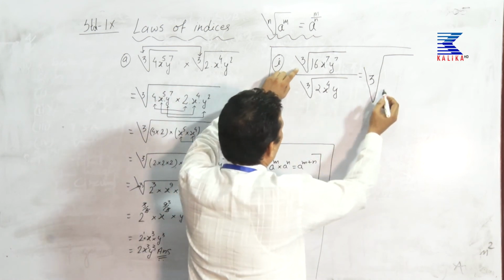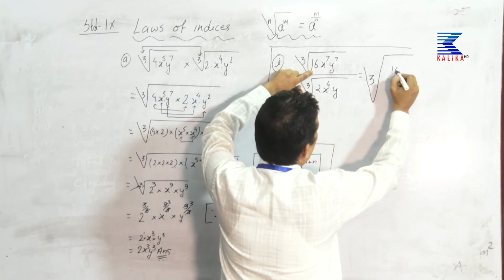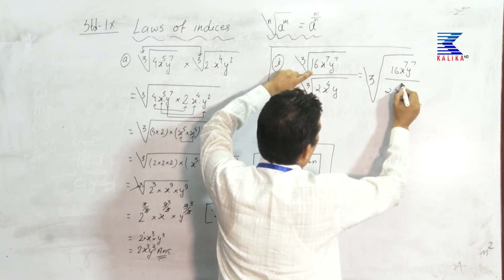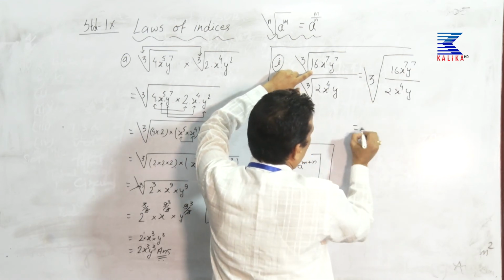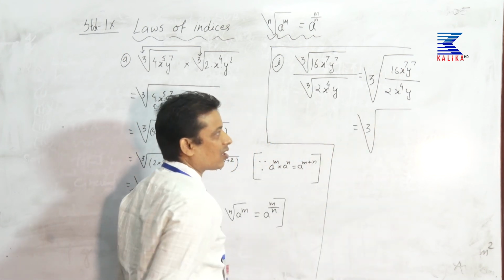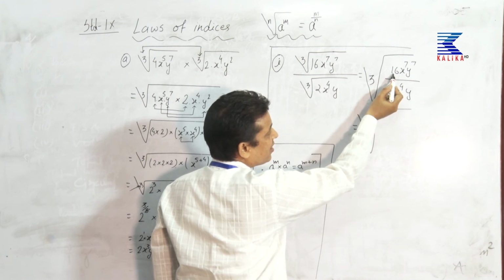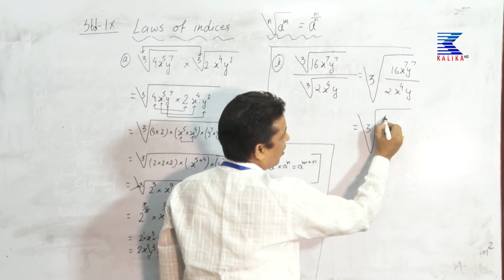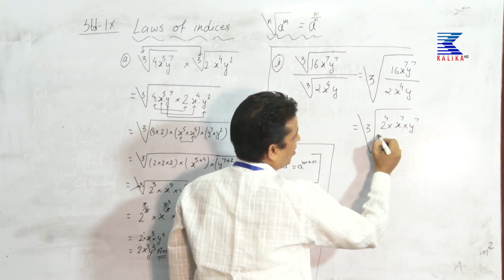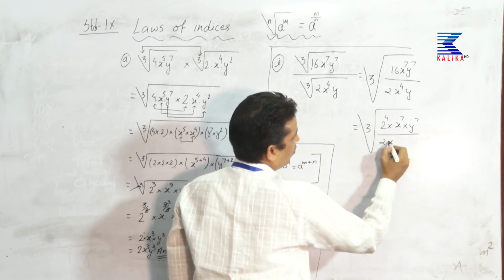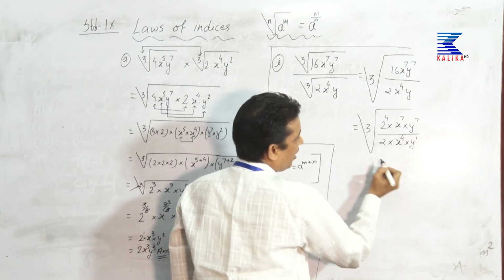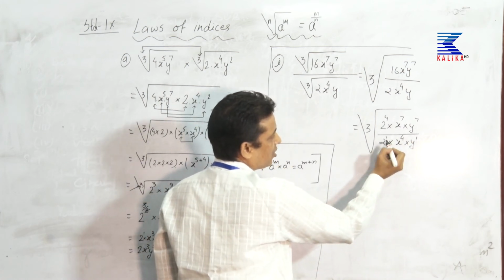So, this will be 16 x to the power 7 y to the power 7 over 2 x to the power 4 y. After that, dear student, the order of the sword is 3. This 16 can be written as 2 to the power 4, x to the power 7, y to the power 7 over 2, x to the power 4, into y to the power nothing, nothing means 1, 2 to the power nothing, nothing means 1.